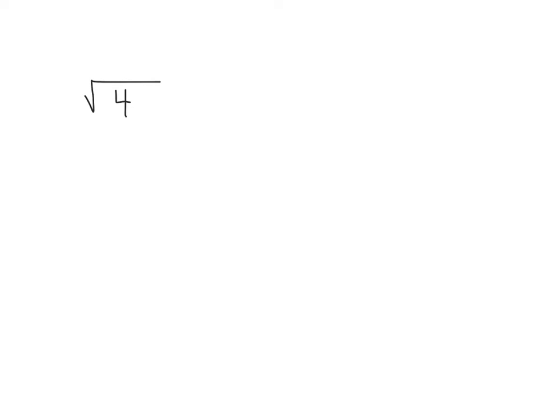Now, really what the square root is, remember x is really x to the first power, multiplied by 1. When we do a square root, there is really a 2 there. We just don't write it, but it's assumed to be there. All that really means is it's 4 to the 1/2 power. Okay, 4 to the 1/2 power. So that's what a root means.